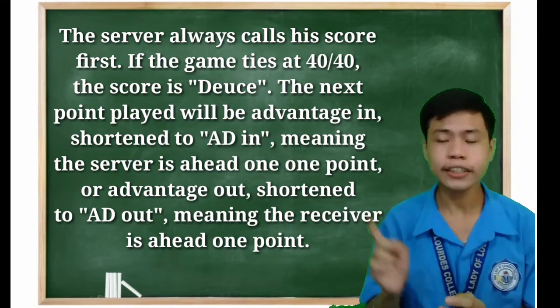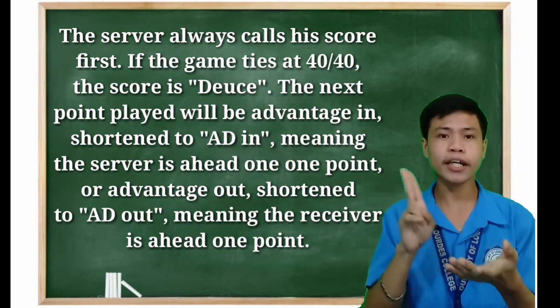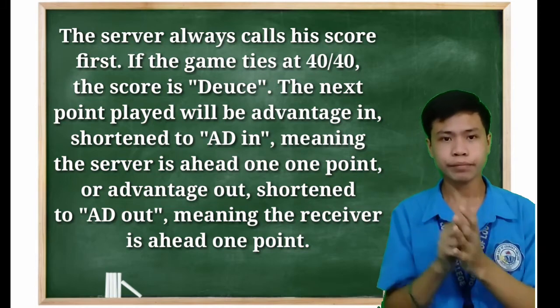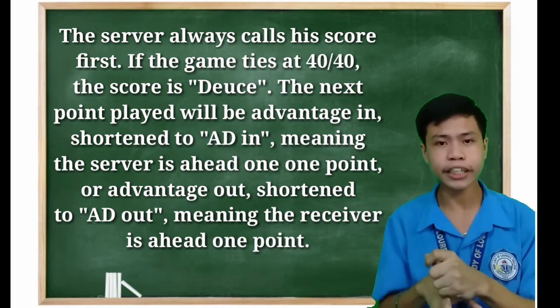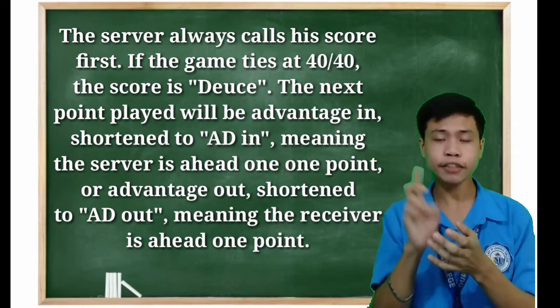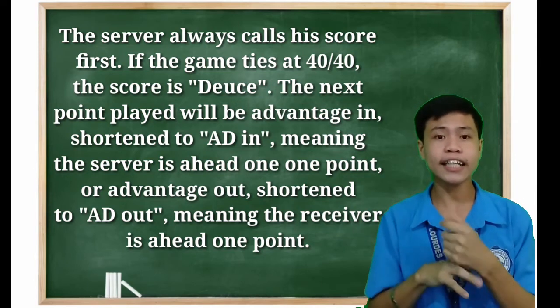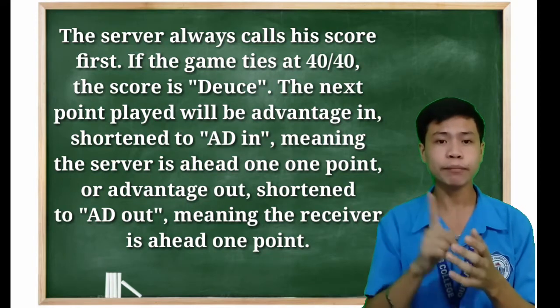So in this paragraph, it says that if both teams get the 40 over 40 score, we can call it deuce. If the server gets the ball in, we call it add in, so the server gets ahead 1 point to the receiver.